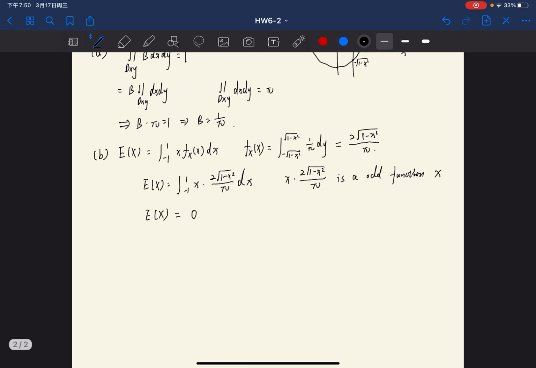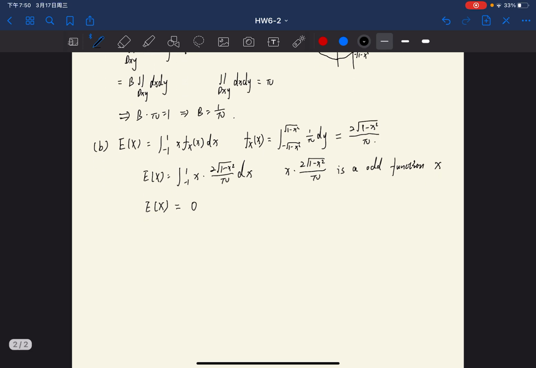And also we can use the same method to calculate the expectation of y. Using the definition, the expectation of y equals to the integral from -1 to 1 of y multiplied by f_Y(y) dy. And the probability density function of y equals to this.